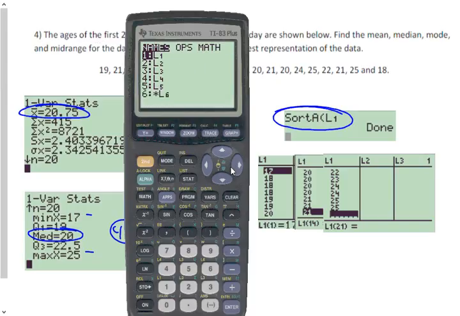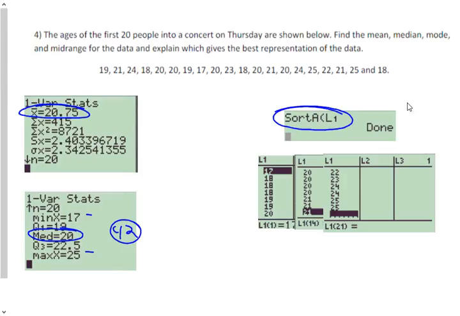And if I go to the operations, here's my sort ascending or sort descending. And then I could just plug in L1, and it says it's done. But when I come back to my list, you can see my list is nice and organized. The reason I do that is because the mode is a lot easier to see now. The mode of 20 occurs 5 times. So the mode here is 20. You're more than welcome to count that out manually. That's fine. But I did want to illustrate that your calculator will do this for you.